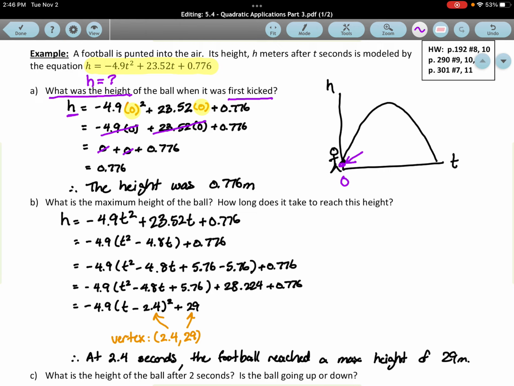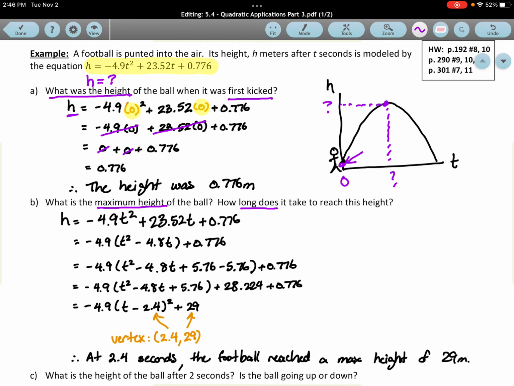So question B, what is the maximum height of the ball? So they're looking for this part right here. What is the height? All right, and how long does it take to reach that height? So in other words, what is the time that happened? So you're looking for the vertex.